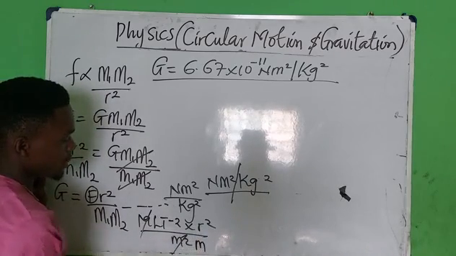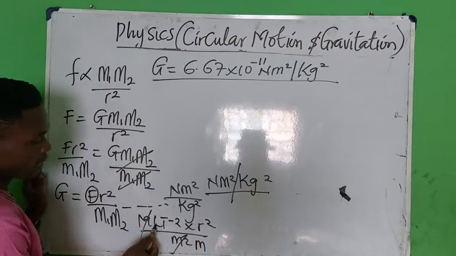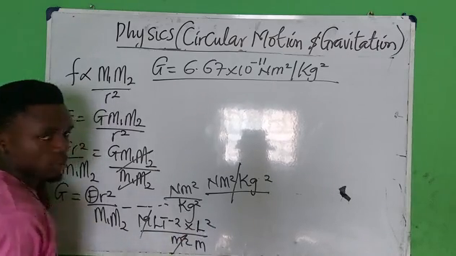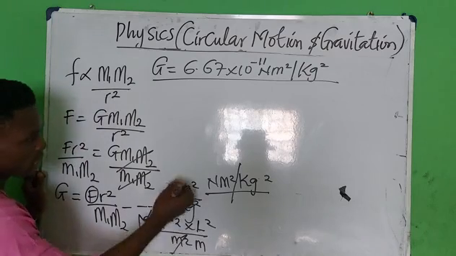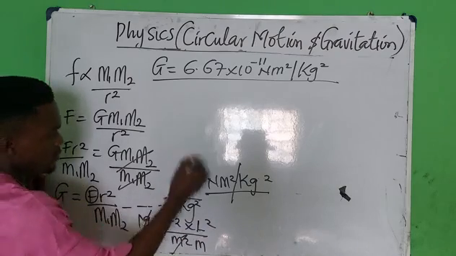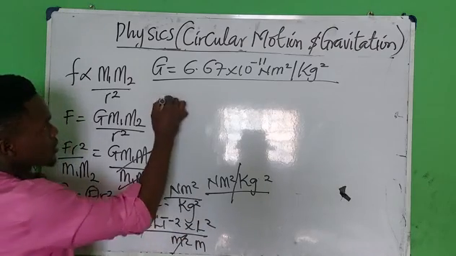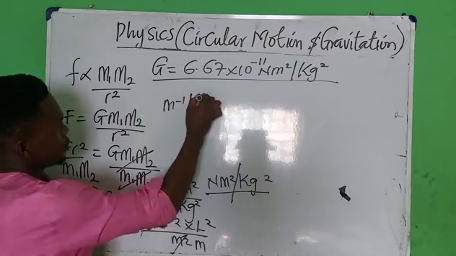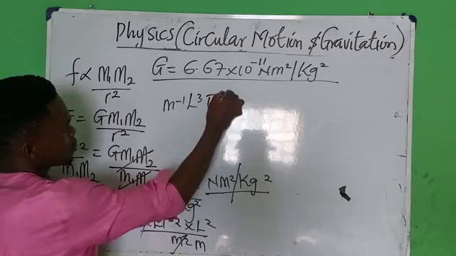I'm left with 1 over M, right? So I have L here, let me use L as length. To equalize it, this one becomes L cubed, right? L1 times this, I'll have L cubed. Therefore it becomes M minus 1 L cubed T minus 2.